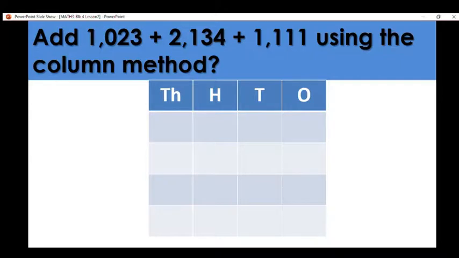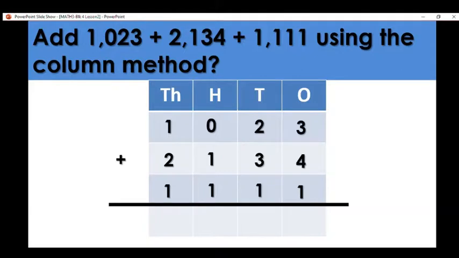So we need to input the first number, which is 1,023: 1 thousand, 0 hundreds, 2 tens, and 3 ones. How about the 2,134? That would be 2 thousand, 1 hundred, 3 tens, and 4 ones. And the last number would be 1 thousand, 1 hundred, 1 ten, and 1 one.